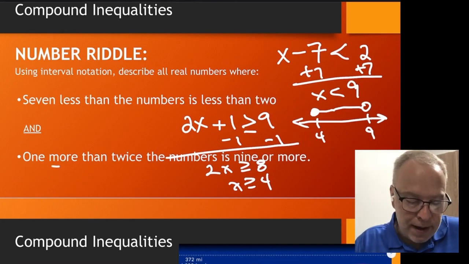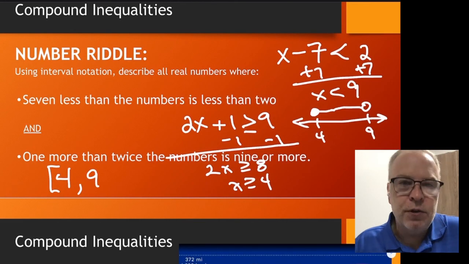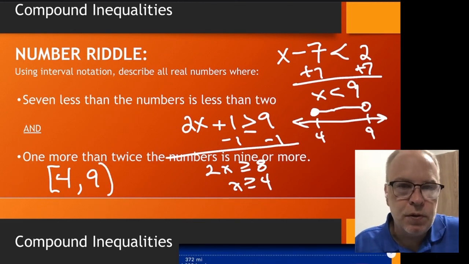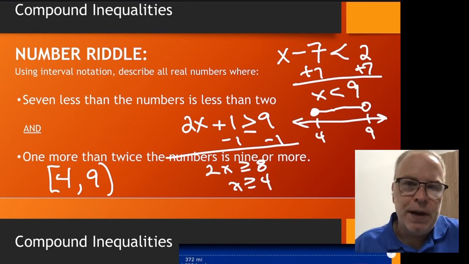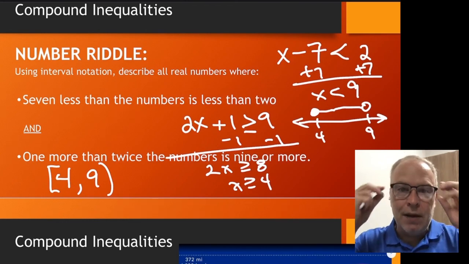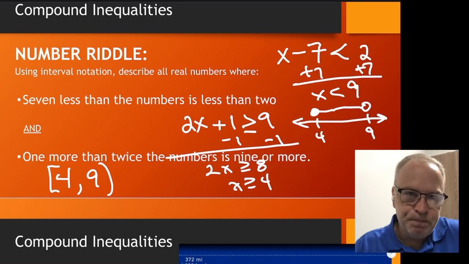Well, we put a bracket, and we start with the smallest first, bracket 4, all the way up to 9. Notice I put a comma between, and then a parenthesis because of the open circle. Now, if you've still not learned interval notation, go back and watch my other video on interval notation because it's really important that this not look like some strange other language to you, okay?